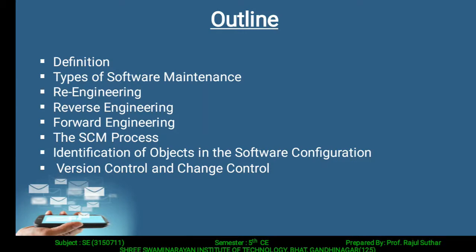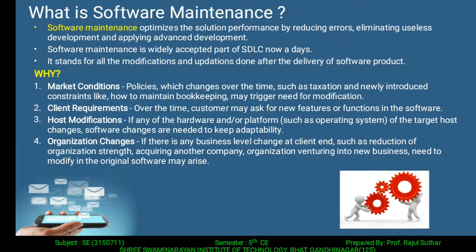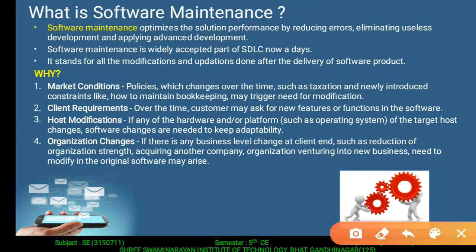So let me start. First, software maintenance. What do you mean by software maintenance? The definition of software maintenance is that it optimizes the solution performance by reducing errors, eliminating useless development and applying adapted development.